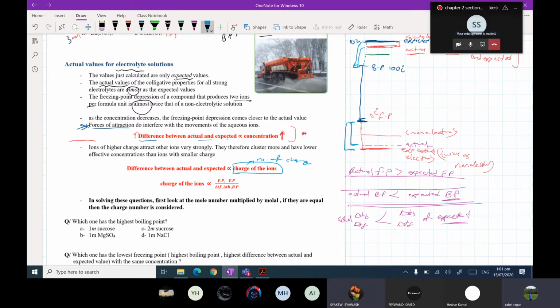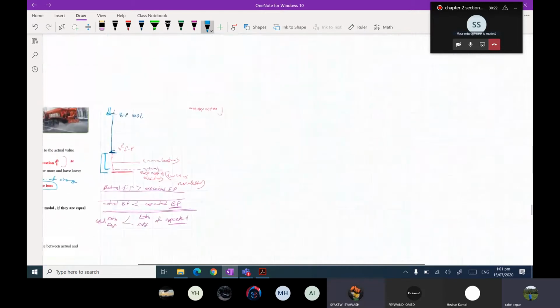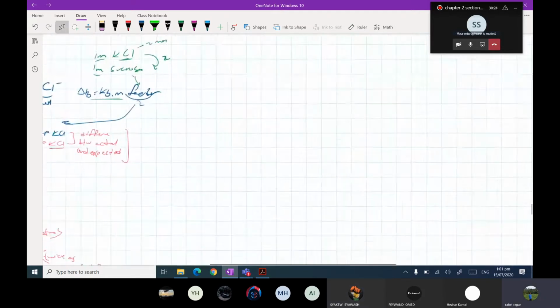How? I'm going to draw another graph to understand more easily.